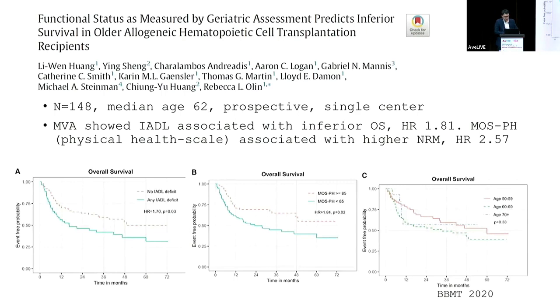These two factors actually outperform age itself. You can see on the right, graph C, age doesn't differ in terms of overall survival, but the geriatric domain actually predicts the outcome.